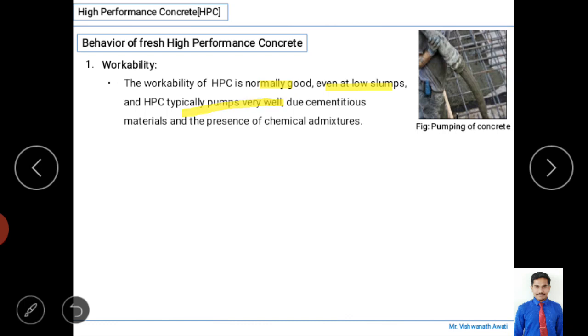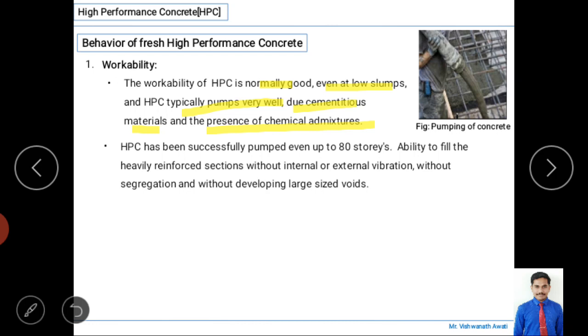This is mainly due to the cementitious material and the presence of chemical admixtures, which make it different from normal concrete. It has very good pumping capacity as well as good workability.